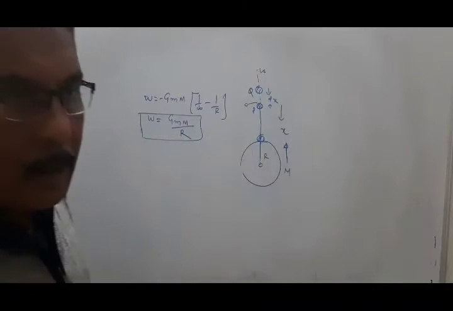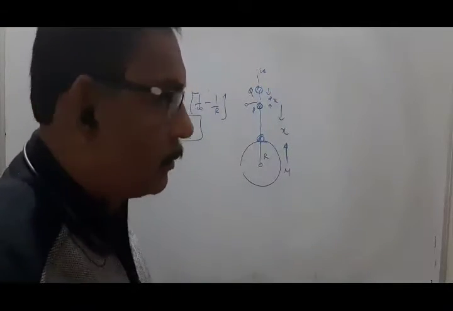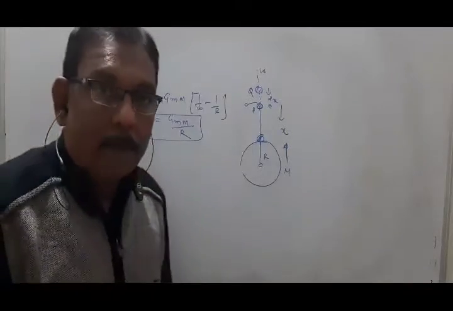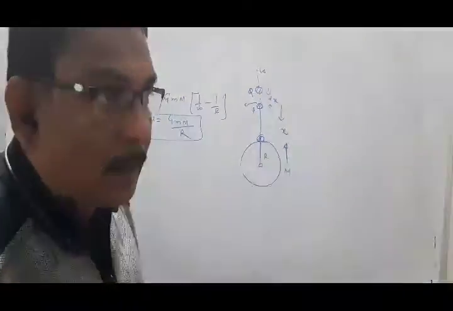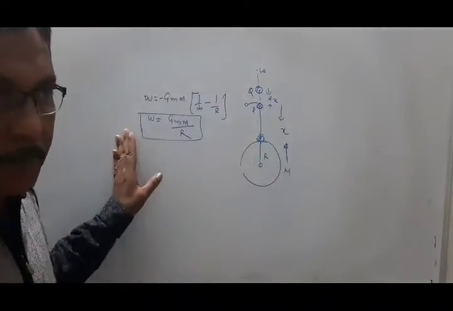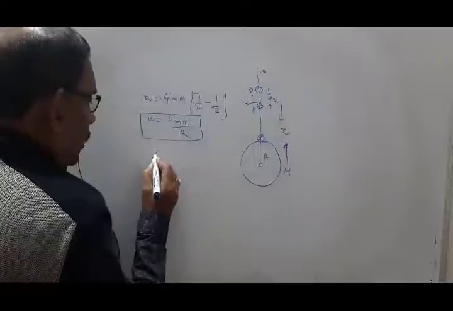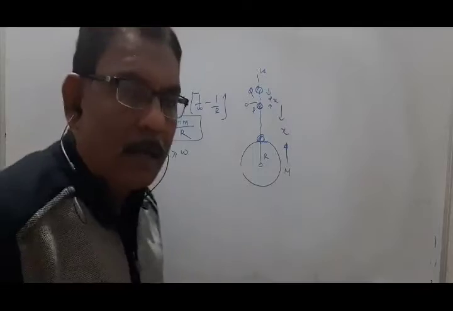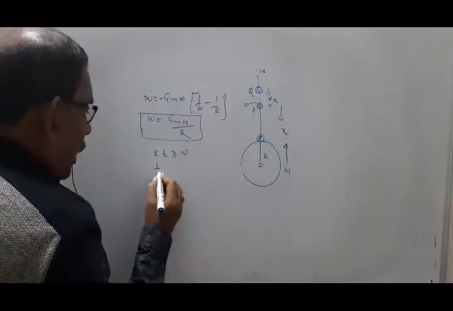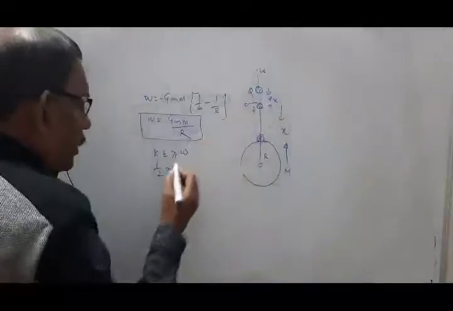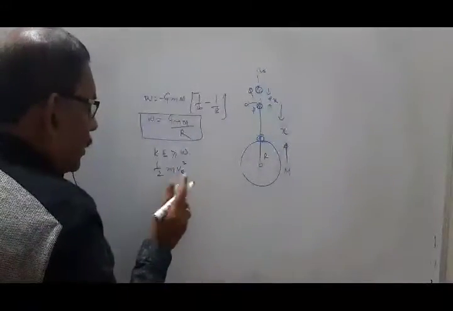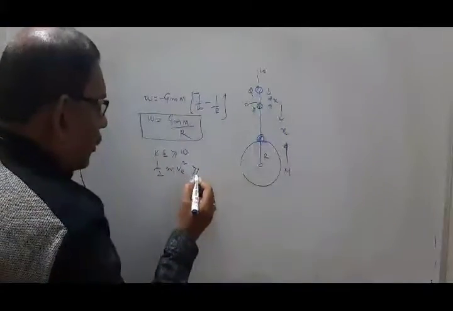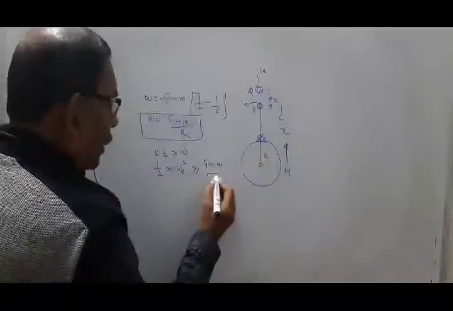In order to escape from the gravitational pull of the earth from the surface of the earth, the kinetic energy of the body must be greater than or equal to this work done. That is, half m v_e² ≥ GMm/R.